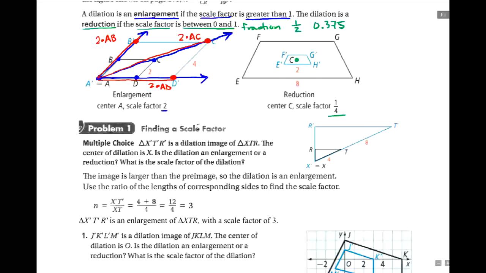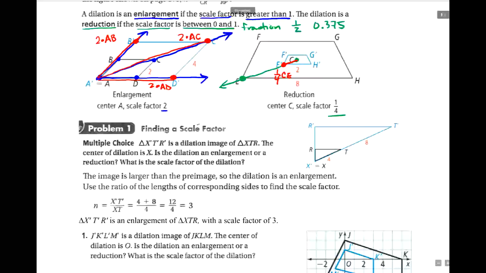Let's pick point E. We draw a ray through point E. And then we measure the distance from C to E. And then we divide that distance by 4, or we multiply by 1/4. And then we measure that distance, and it becomes E prime. This distance here is 1/4 times CE.